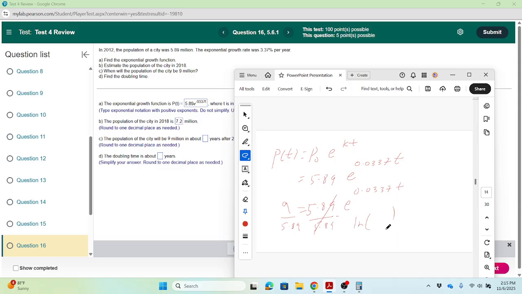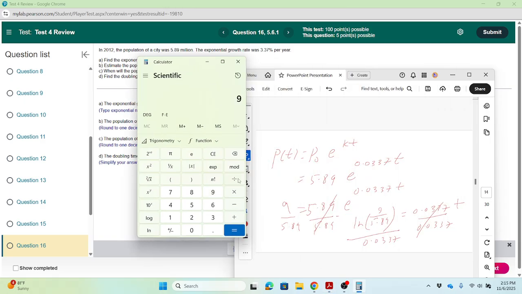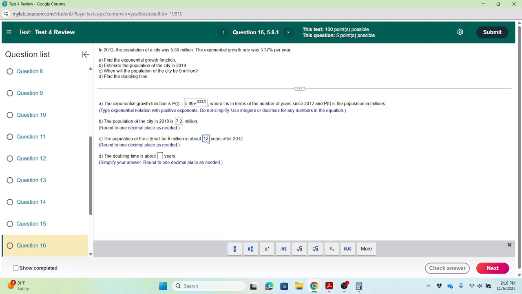So ln of 9 over 5.89 equals 0.0337 t, and then divide by 0.0337 to get t, which is time. I'm going to divide 9 by 5.89, take ln of that number, and divide that by 0.0337, and that gives me the time, which is 12.6 years.